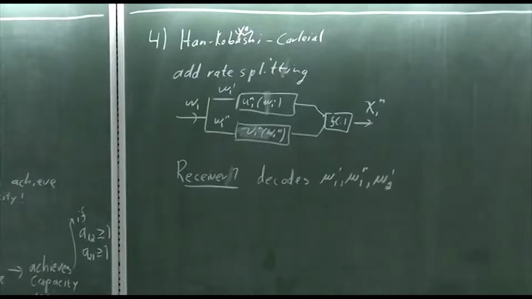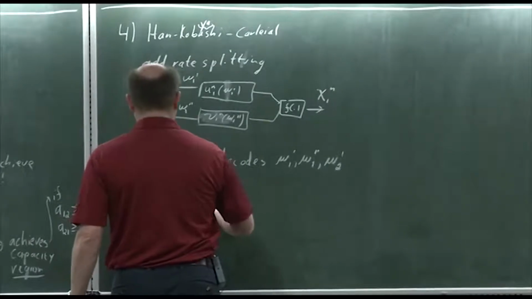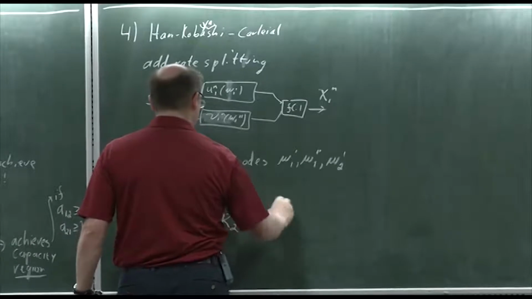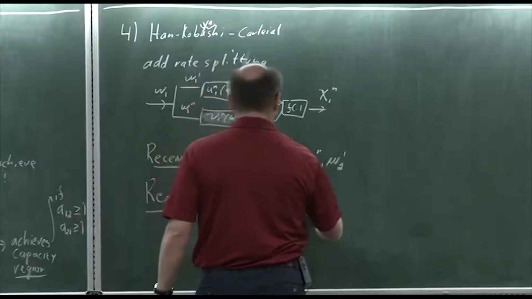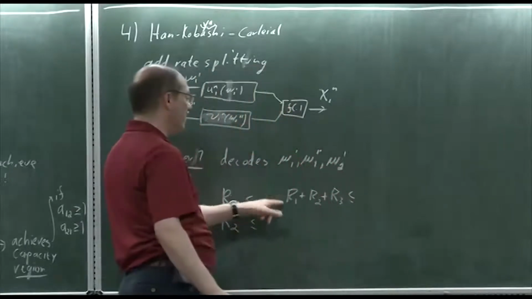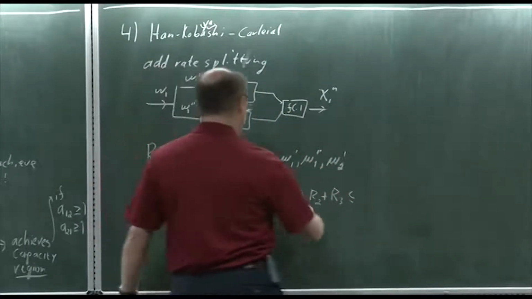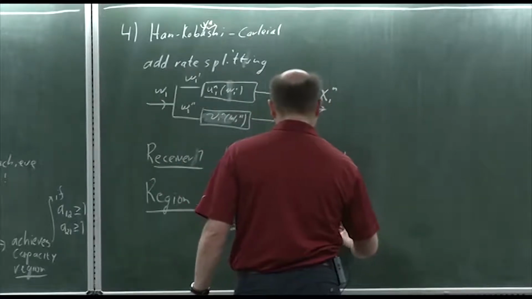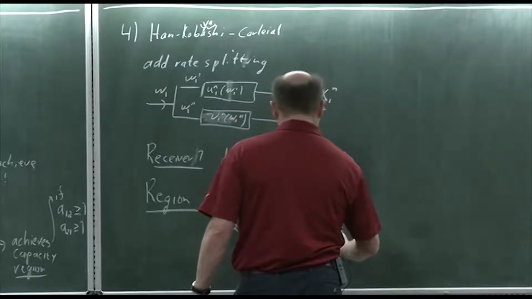You start playing around with this region, and you wind up with a region that has quite a lot of constraints on it. We had 1 bound on R1, 1 bound on R2, 3 bounds on R1 plus R2, so it's 1, 2, 3, 4, 5. And then we had 2 more bounds. It was a funny looking one with 2R1 plus R2 and 1 bound with R1 plus 2R2, right?